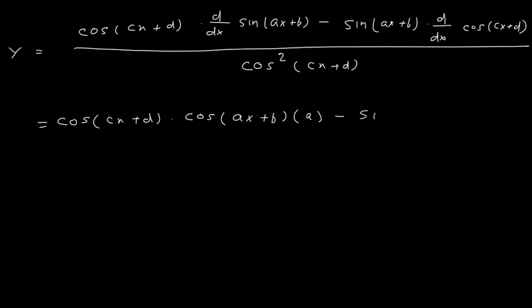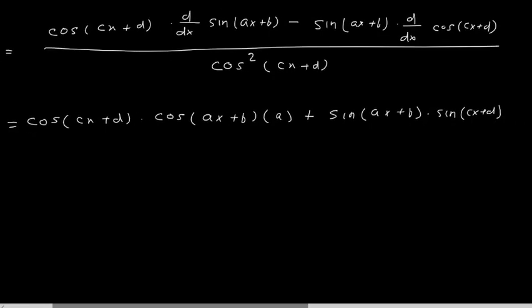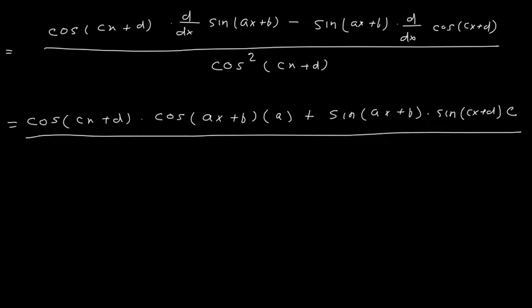Minus, here we have sin of ax plus b into derivative of cos, which is minus sine, so this minus minus I will take plus, and I will write this as sin of cx plus d into the derivative of cx plus d, which is c, so into c, whole divided by cos square of cx plus d.